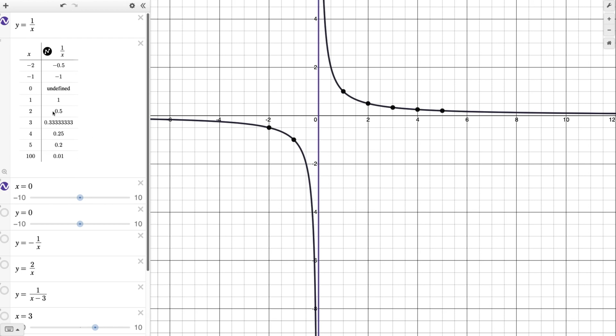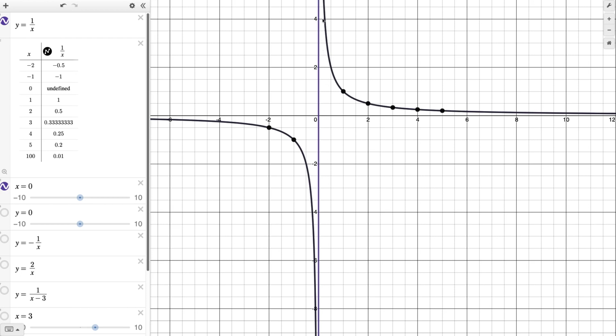And in fact, let's look at a couple things here. What happens when x is approaching 0 from the positive side? So in other words, I'm going to imagine approaching 0 from the right, so I'm imagining very small values of x, but positive, okay?